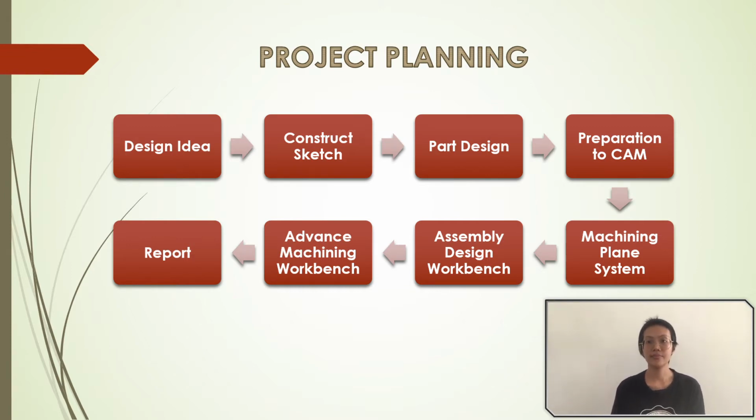For that, we need to follow steps like spot drilling and everything, so we need to plan on that. This is the project planning, so we need to plan first before we can ensure the flow goes smoothly. Finally, we will make a full report about everything that we do during the process.